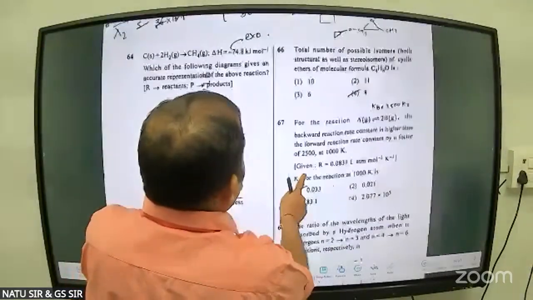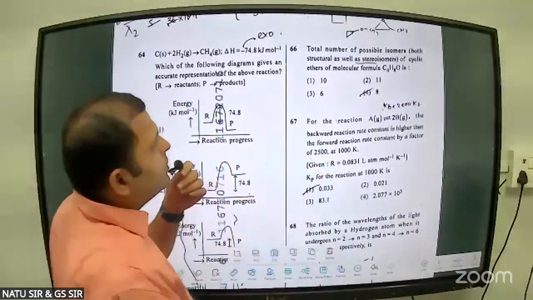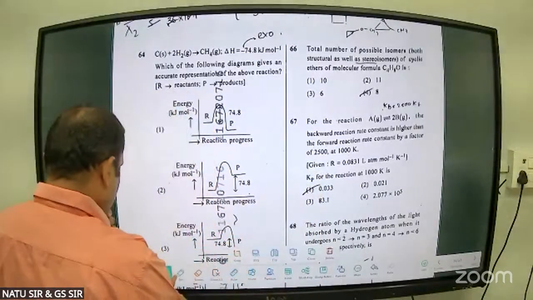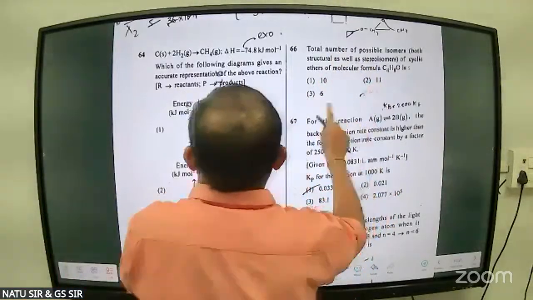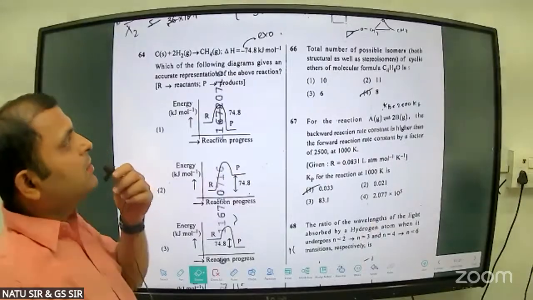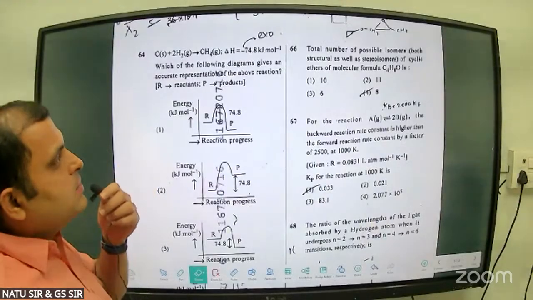Then 66. Total number of possible isomers, both structural as well as stereoisomers, for cyclic ethers of molecular formula C4H8O.